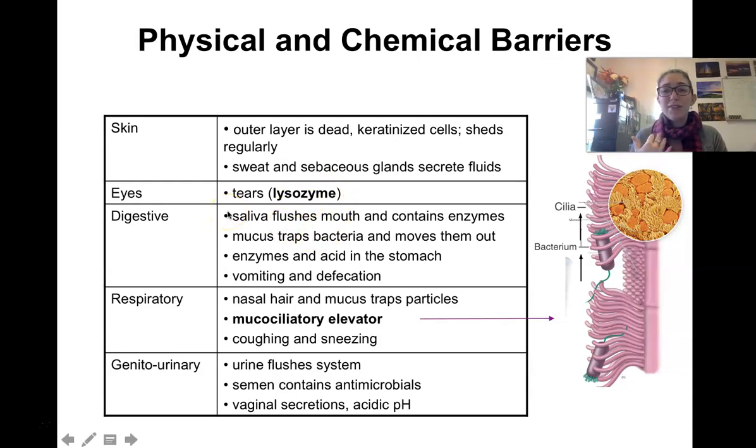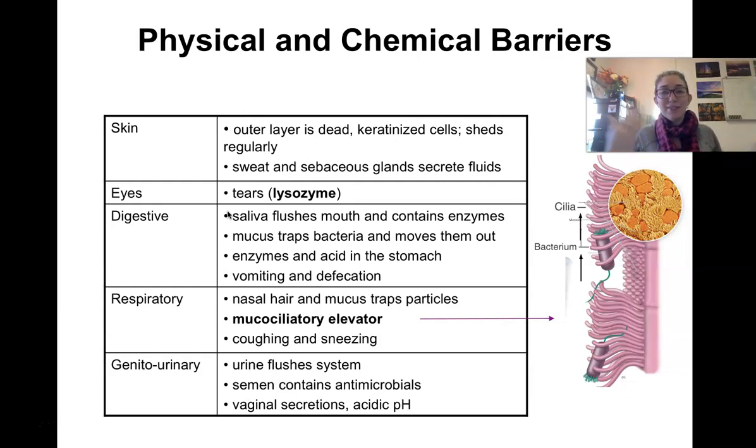The digestive system is open to the outside world. You take food from your environment, you put it in your mouth, it goes into your body. So that's a pretty vulnerable internal body structure because it's open to the outer world, and so you need to have a lot of defenses there. You've got saliva with enzymes that help to digest food, but also can digest microbes.